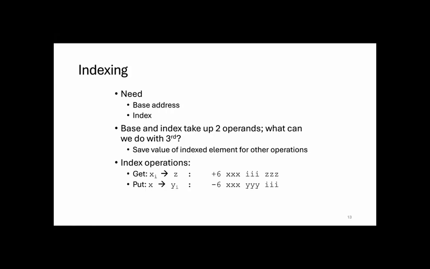Okay, and when you think about what those things refer to, the I is the memory location where we find the actual value to use as our index. X is the memory address of the array base in the get operation. And in the second operation, X is the memory address of the item to put into Y of I in the put operation. So you have to understand how the instruction is formatted to understand exactly what is happening inside that instruction.